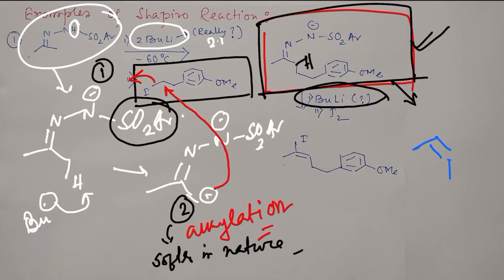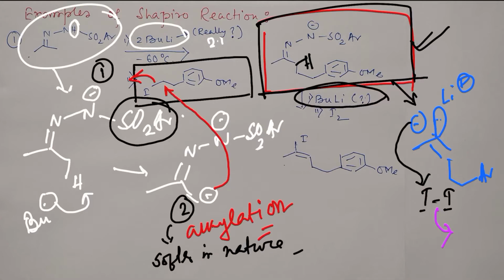If you feel any difficulty, I suggest you please go to the back slide and clarify again. Okay, so this is the vinyl carbanion attached to this lithium, and we know that iodine is a very good electrophile. What happens? This negative charge attacks this iodine molecule, and this bond breaks, and ultimately we get the iodo substituted derivative. Okay, so this is example number 1.